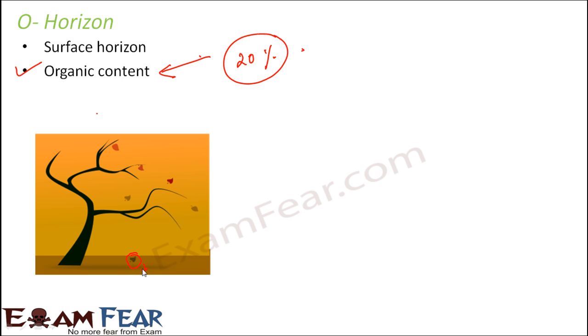As long as it remains on the topmost surface layer, it is at a particular stage of decomposition. That is why it is said that the O horizon is present only in areas where there is too much production of dead leaves, and in this layer, the organic matter is at different stages of decomposition. That is, it has not decomposed completely.